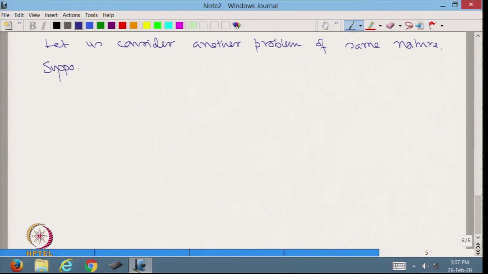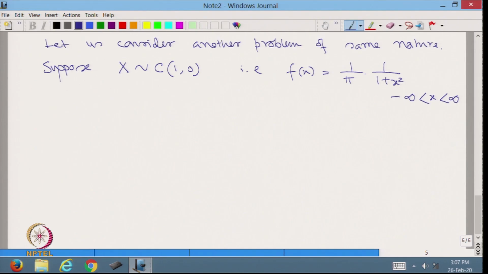Suppose X is distributed as Cauchy with parameters 1, 0, that is, f of x is equal to 1 over pi into 1 over 1 plus x square, minus infinity less than x less than infinity. What is the PDF of X square?